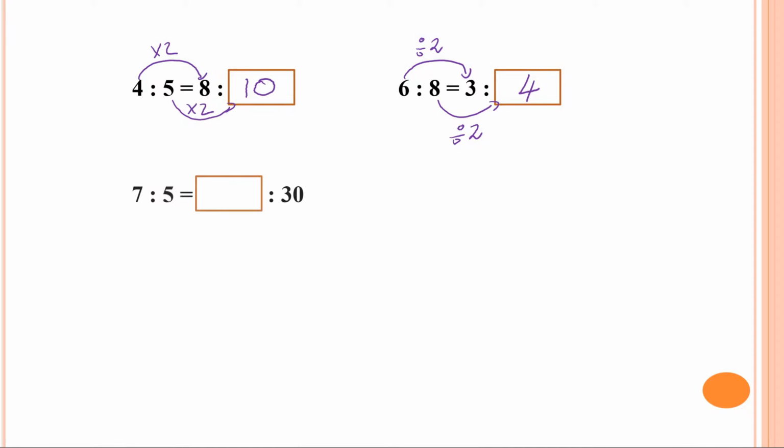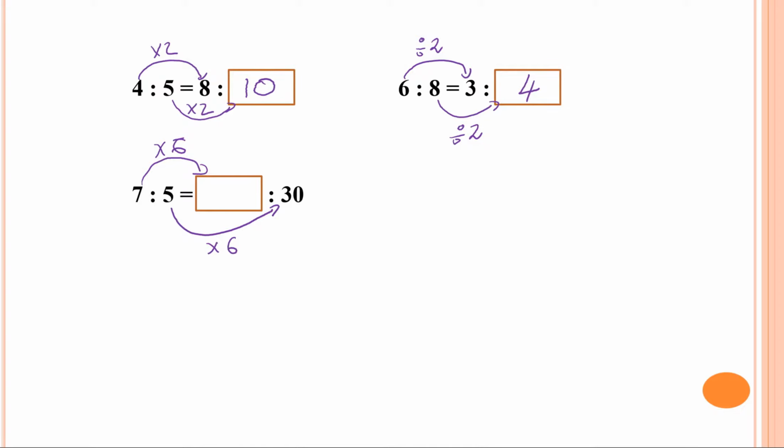This one. 7 to 5 is equal to something to 30. So what we need to look at is the 5 and 30. From 5 to 30, you times by 6, correct? Because 5 times 6 is 30. So therefore the 7 to this box here, you times by 6 as well.